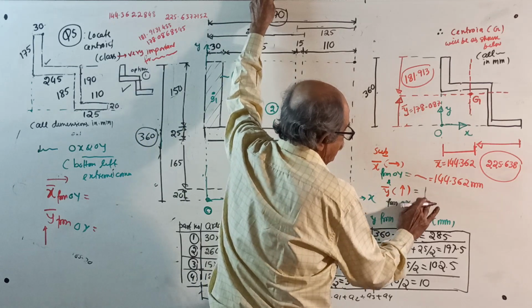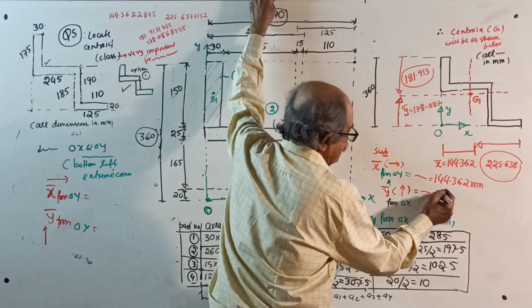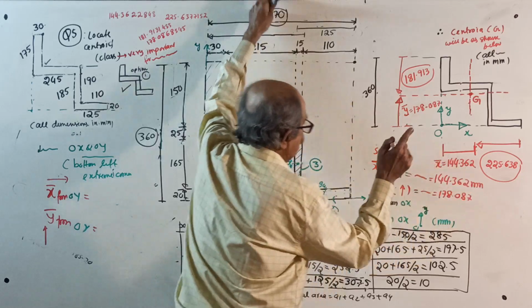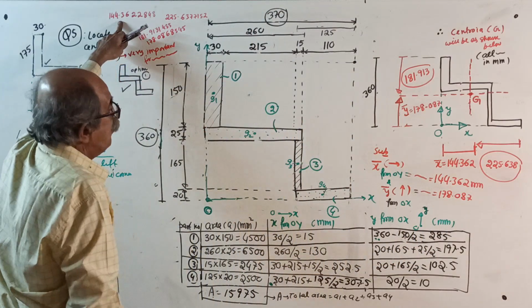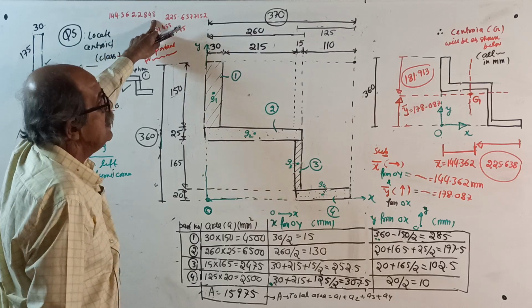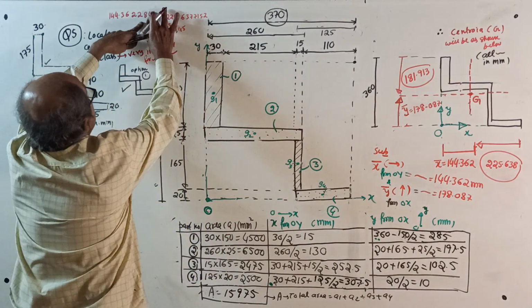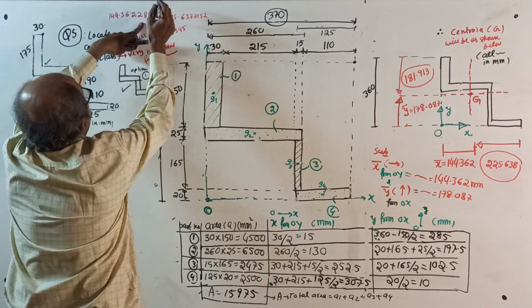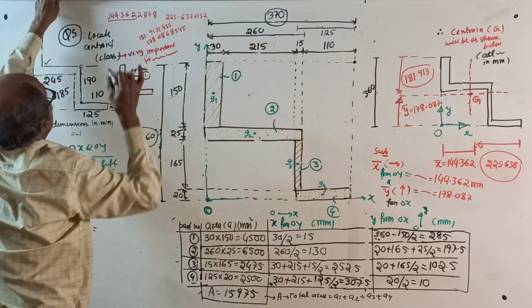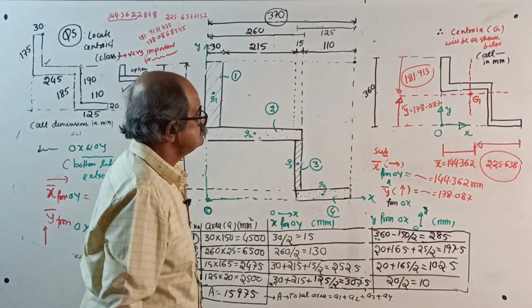178.087. Actually, X bar comes to 144.362248848, the real number from the calculator. I rounded it to the third decimal, so 144.362.